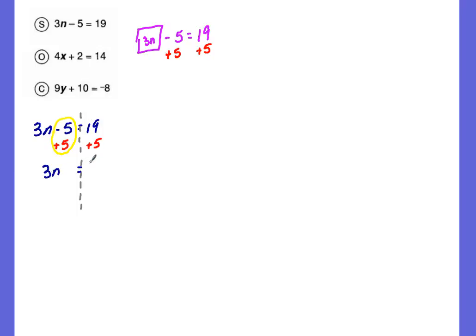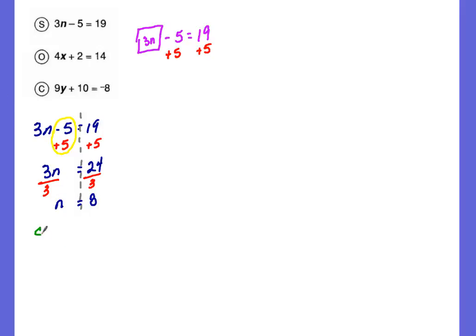The 19 and the 5 would add together to give us 24. Now I know that this box that has 3n has 24 in it. Well, if it has 3 n's and I want to know how much each individual n is, I'm going to divide by 3 because that tells me what 1 n is. 1 n would be 8.